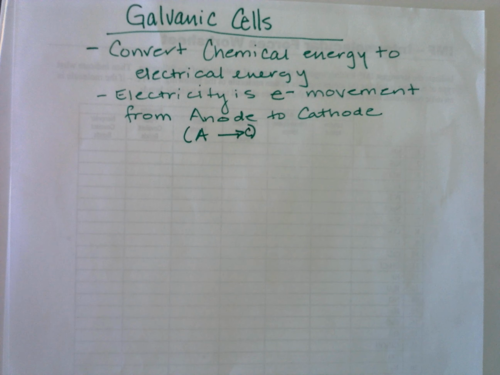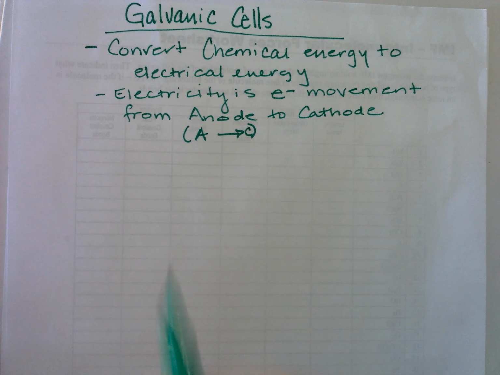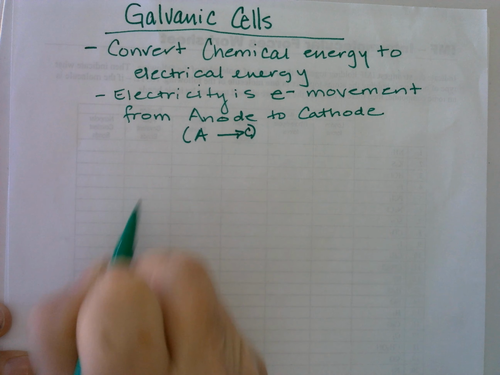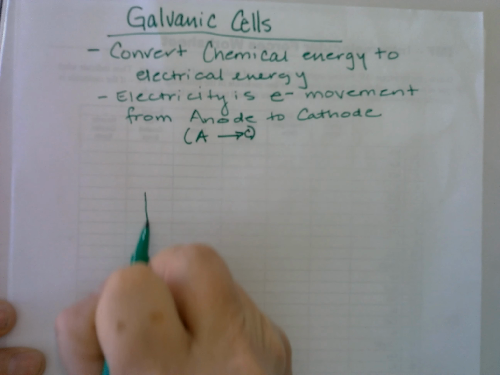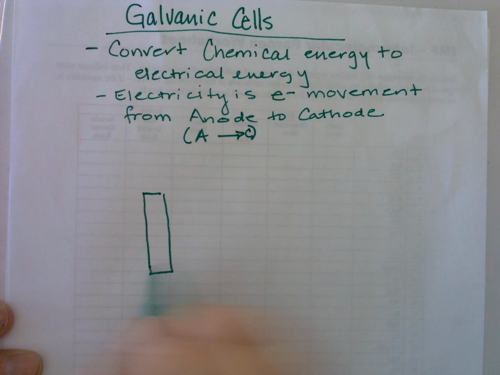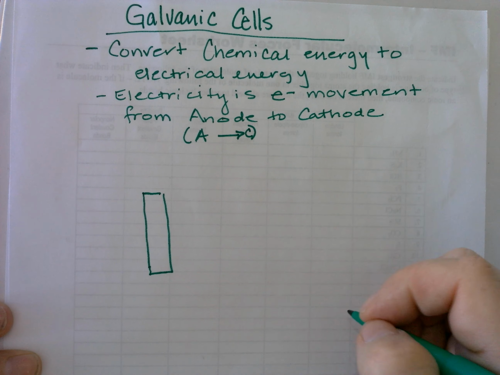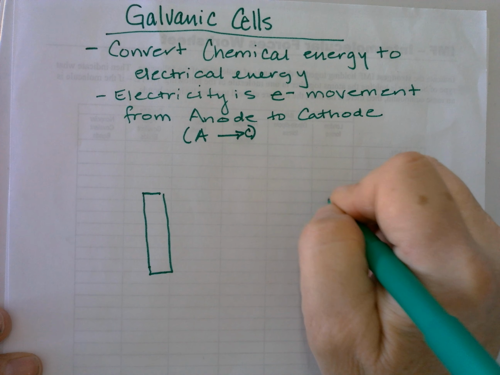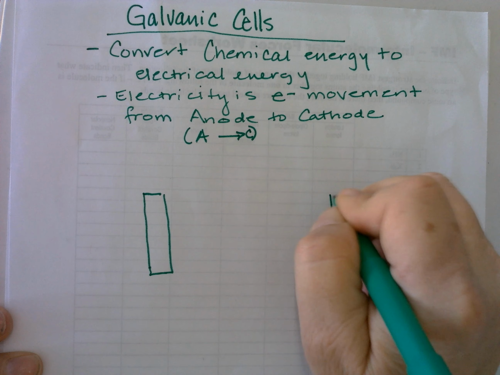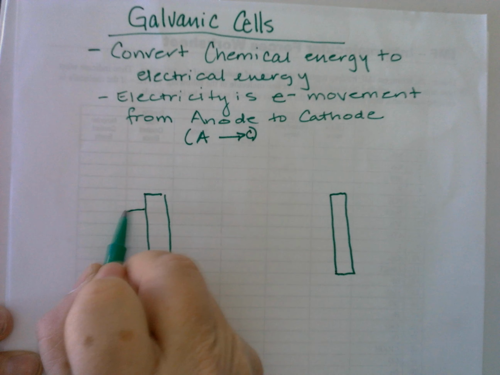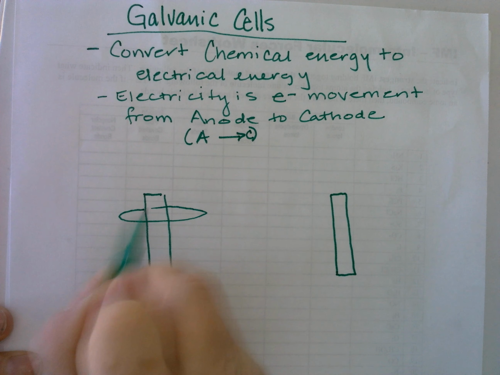So in a battery, we have two beakers, and this is what your picture is going to look like on the test. And in those beakers we have electrodes. So here are my electrodes, and here are my beakers.